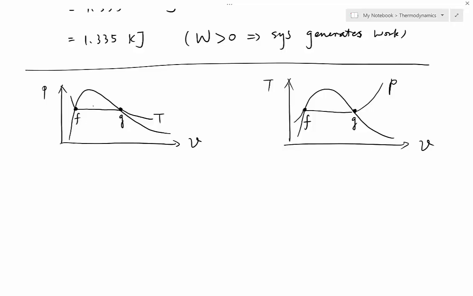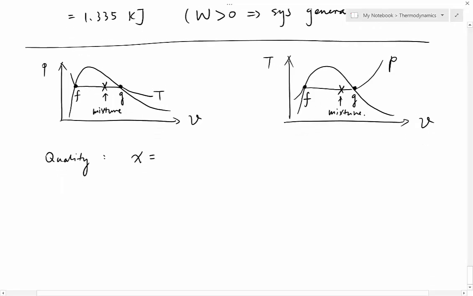However, what if you have a mixture somewhere in between? Between F and G, that means you have a mixture of F point and G point. If that happens, how do you look for nu? In order to do that, you have to start from the definition of quality. We use letter X for quality.